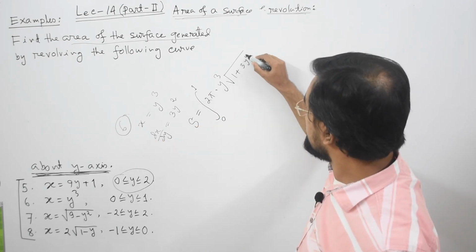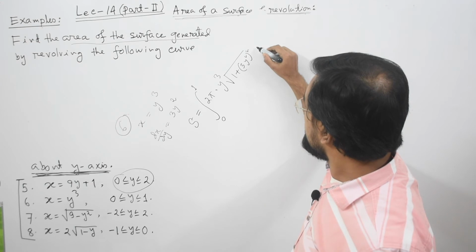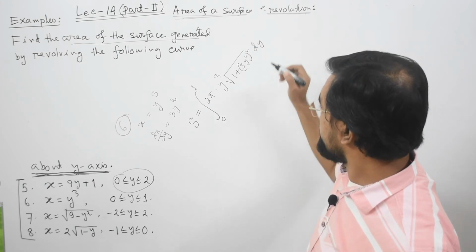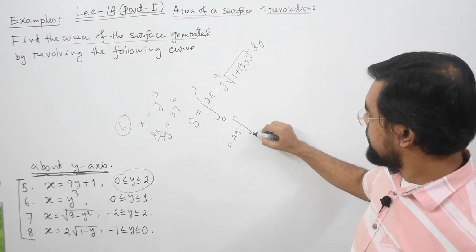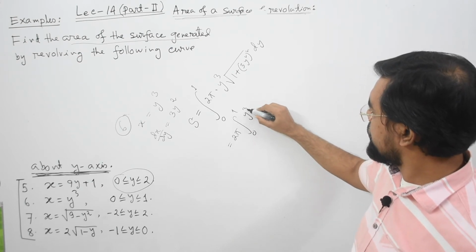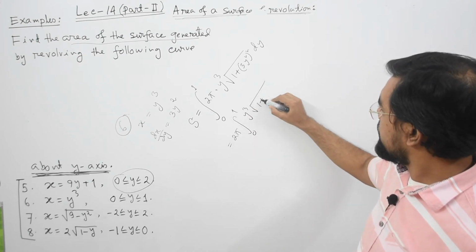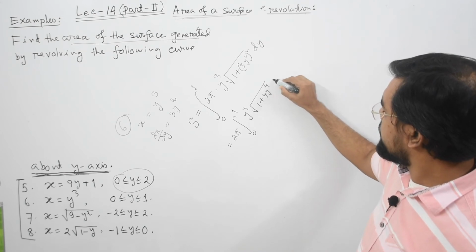So 3y square whole square dy. This equals 2 pi integral from 0 to 1 of y cube root of 1 plus 9y to the power 4 dy.